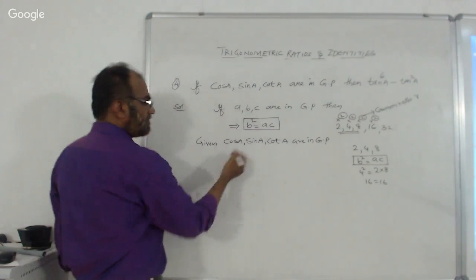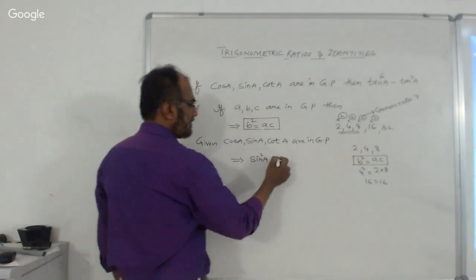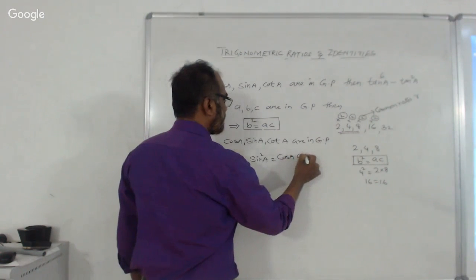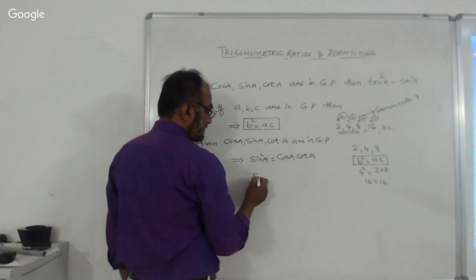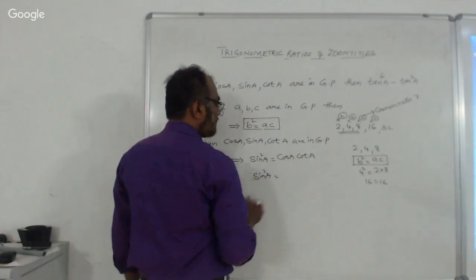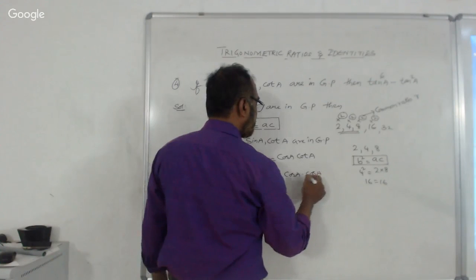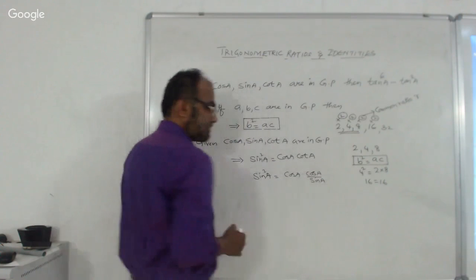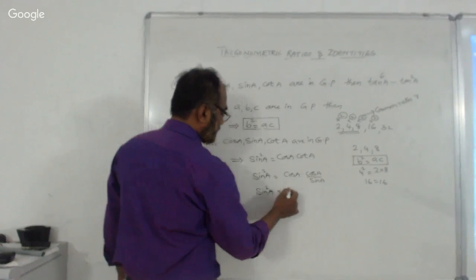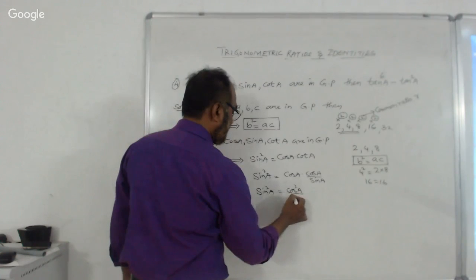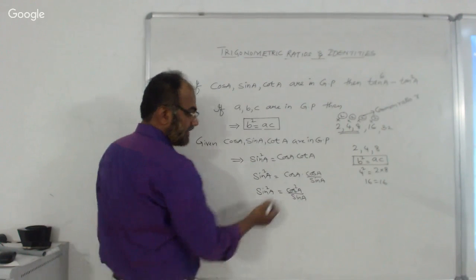So B square, that is sin square A, equals cos A into cot A. Cot A is cos A by sin A. So sin square A equals cos square A by sin A. Now I divide both sides by cos square A.